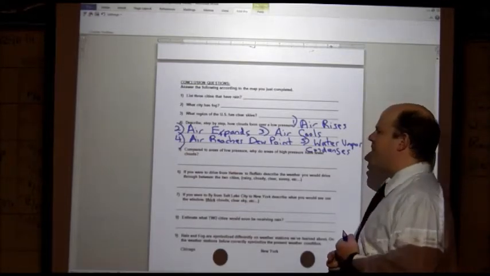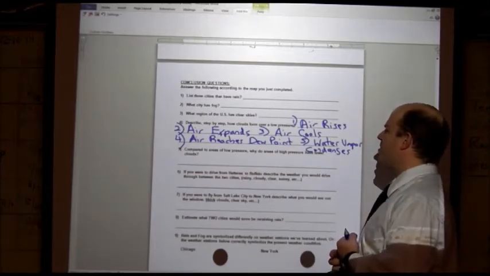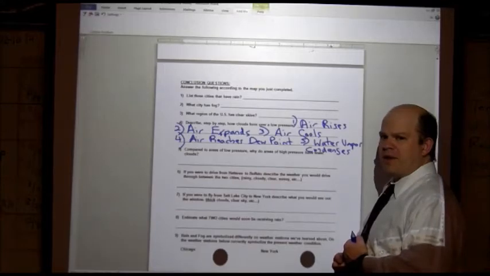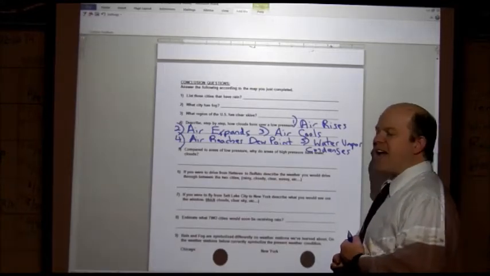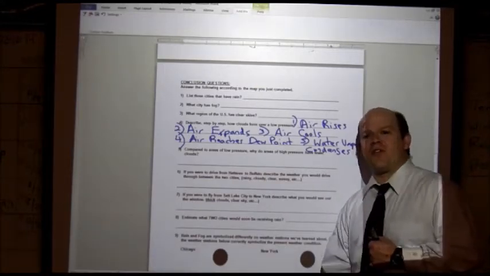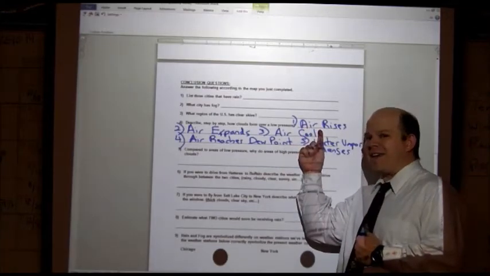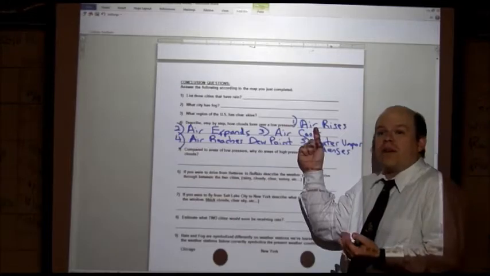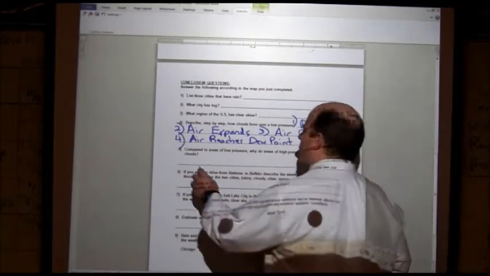Okay, number 5. Compared to areas of low pressure, how do areas of high pressure have fewer clouds? Or why do areas of high pressure have fewer clouds? Because the first step in getting clouds to form is air rising. If the air is not rising, you have no clouds. Okay, so if you don't have any, well, duh, it already stopped the process.